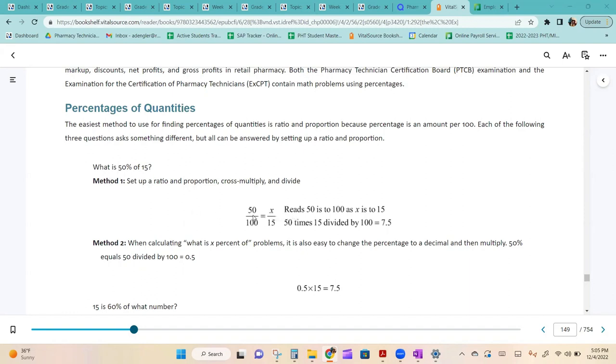So our 50% is going to be 50 out of 100, because percentages are over 100. And we want to know what is 50% of 15, so 15 is going to be on the bottom. And then we will solve for X up here.